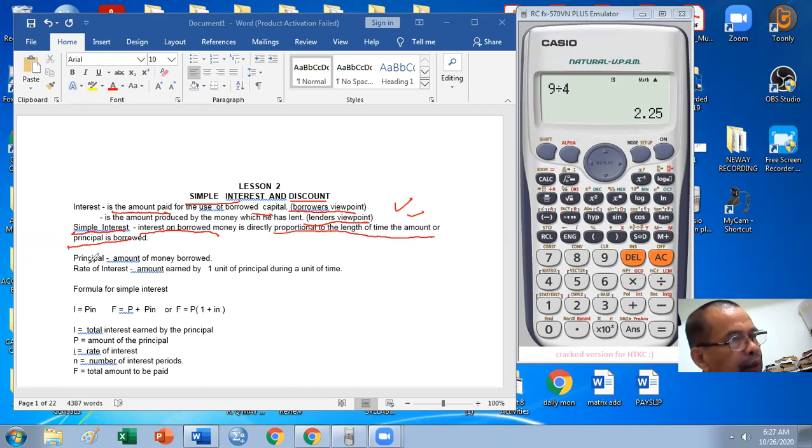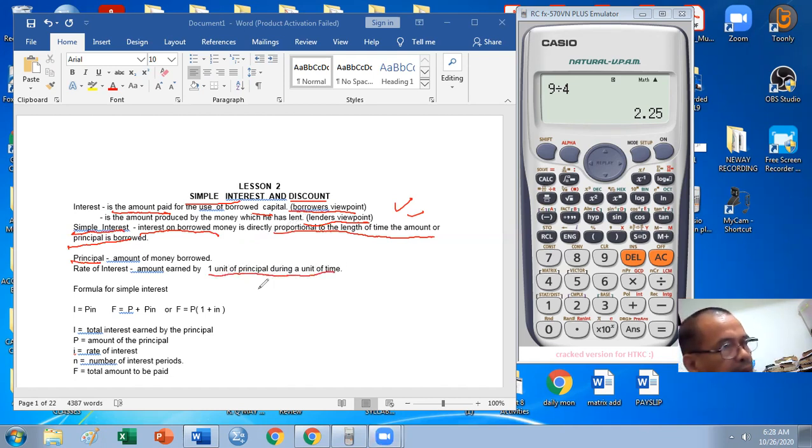Okay? So, when we say principal, this is the amount of money borrowed. And when you say rate of interest, this is the amount earned by 1 unit of principal during a unit of time.